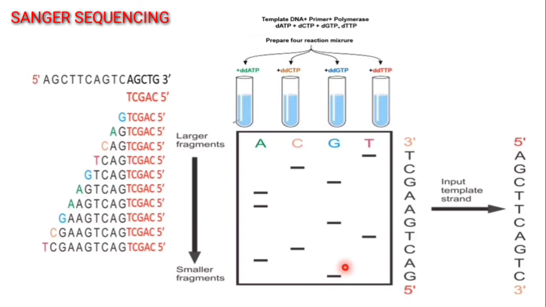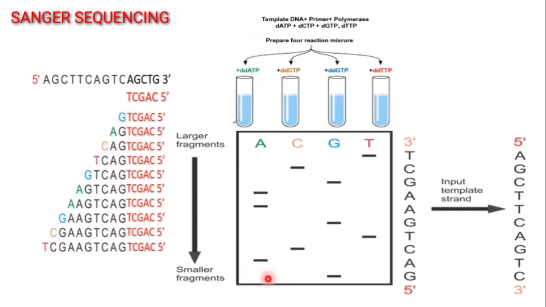In the G tube we found one band here, so the sequence is G, because this small fragment is terminated by G, the ddGTP. Here you can see the corresponding strand: this is the primer, and G is attached to the primer, so the chain is stopped.